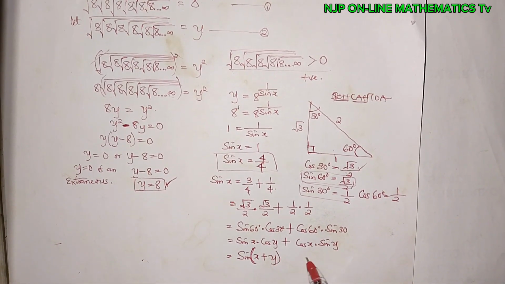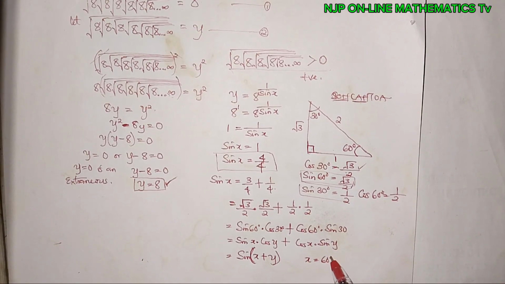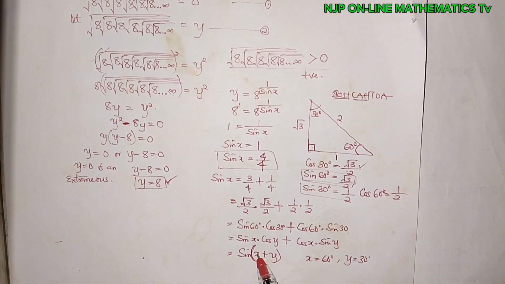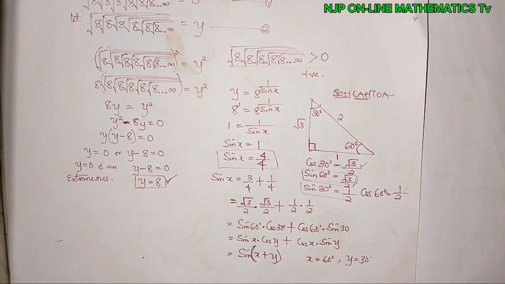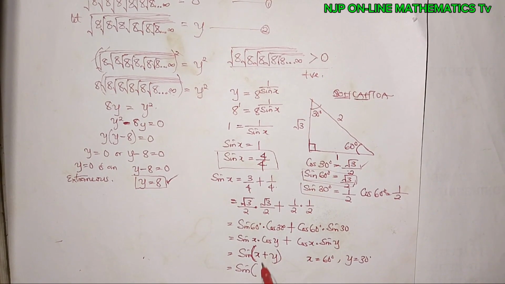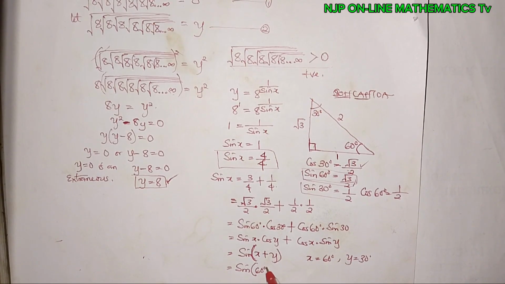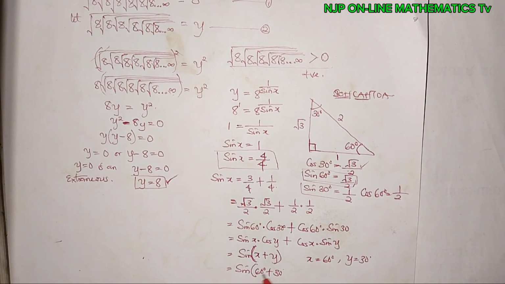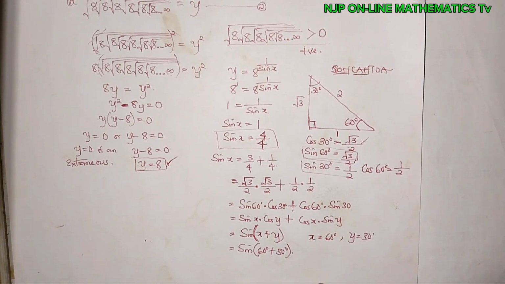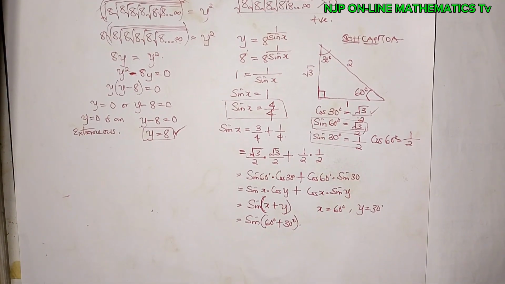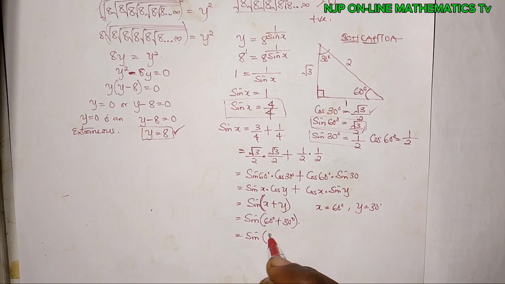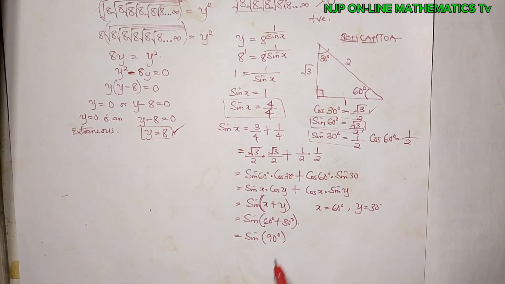Where our x equals 60 degrees and our y equals 30 degrees, the angle becomes 60 degrees plus 30 degrees. If we add 60 degrees to 30 degrees, the angle becomes 90 degrees.